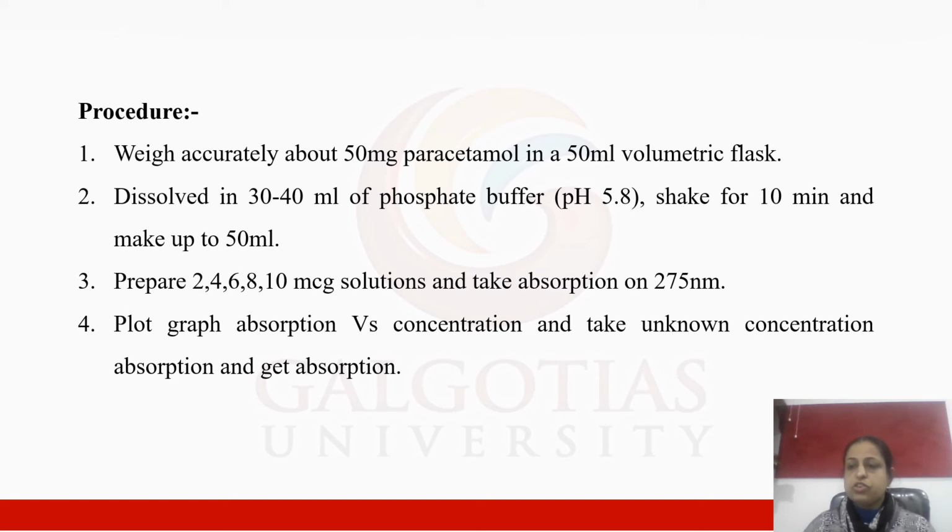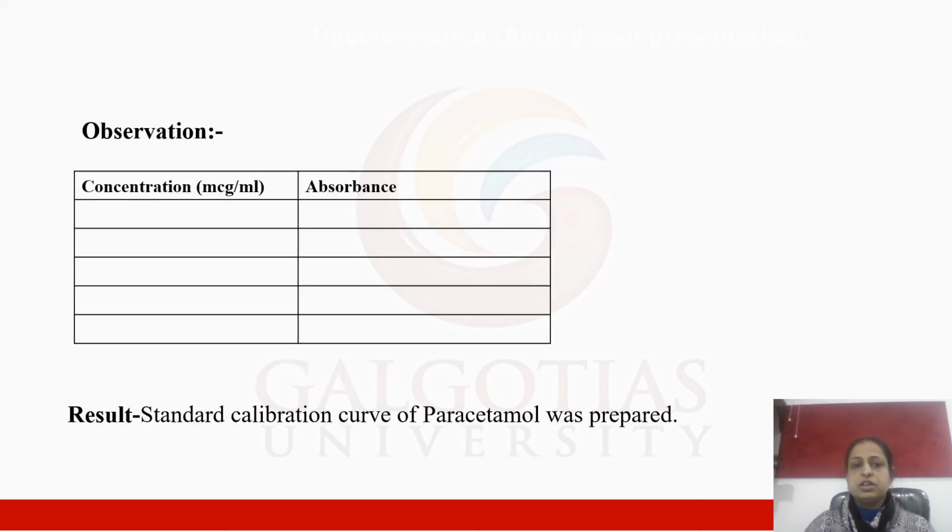And if we want to know the concentration of unknown samples, we will take the absorbance of those samples and plot them on the same standard calibration curve, and by this we can know the concentration of the unknown samples. In observation, from the UV visible spectrophotometer, we have known concentrations.